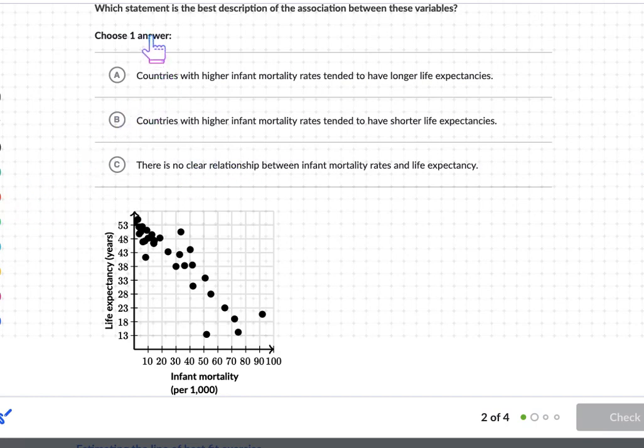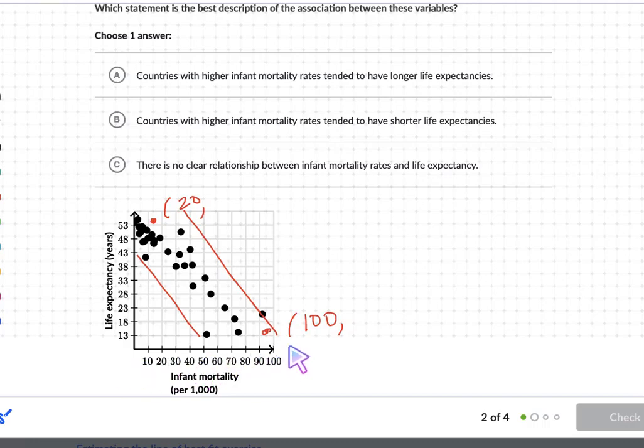Okay, so which statement is the best description of the association between these two variables? So again, I'm going to make my funnel. This looks like it's going downwards, but I can always double check. If I had a point up here, the X is at 20-ish. And a point down here, the X would be at 100. So infant mortality is my X value.